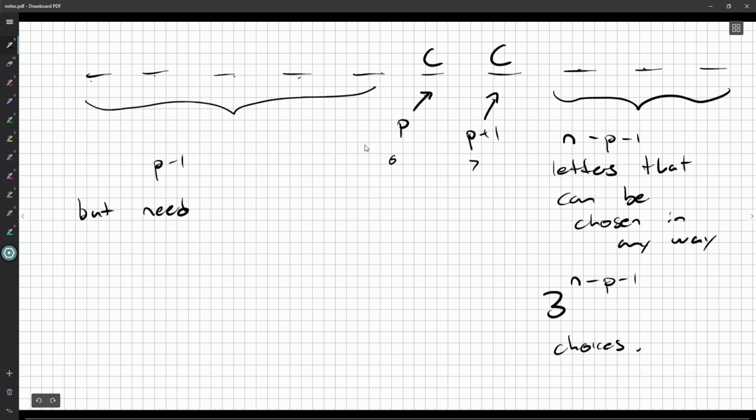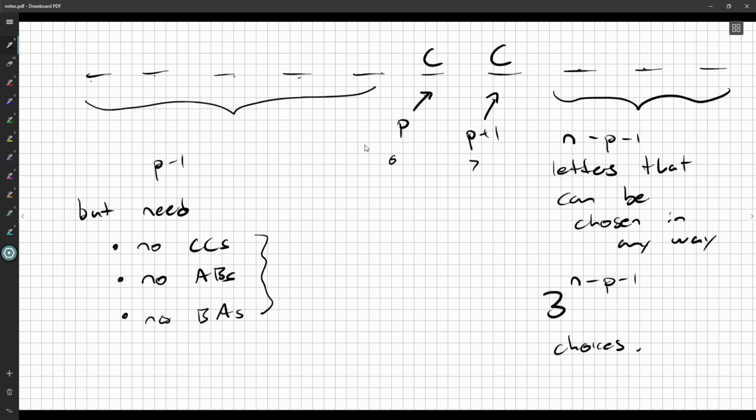But we need no CCs, no ABs, and no BAs. Now I like that there's the same number of C's, A's, and B's being represented here. I would almost call it symmetric, except it's not exactly symmetric.